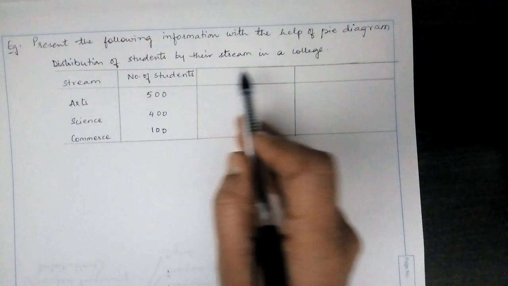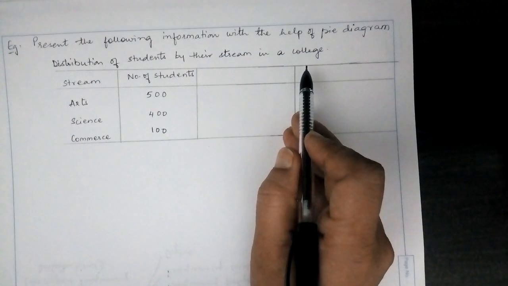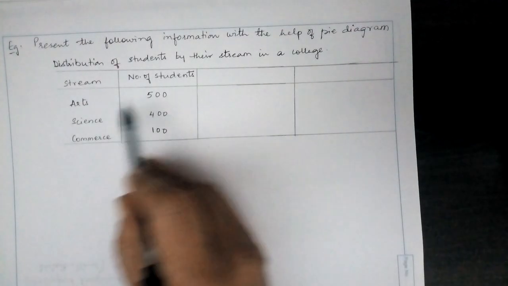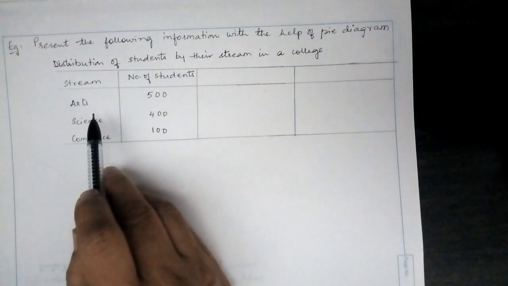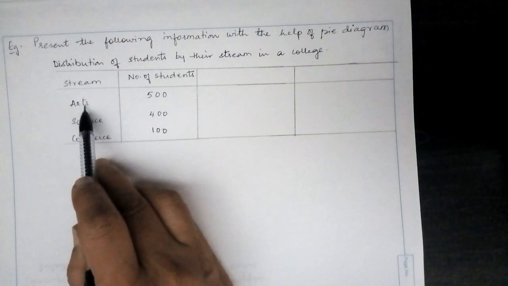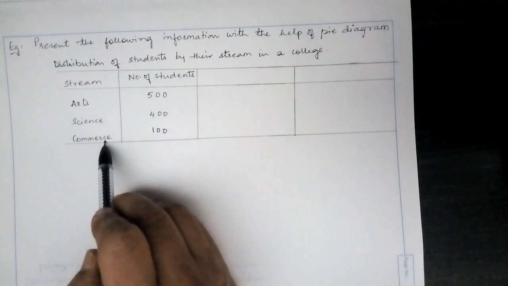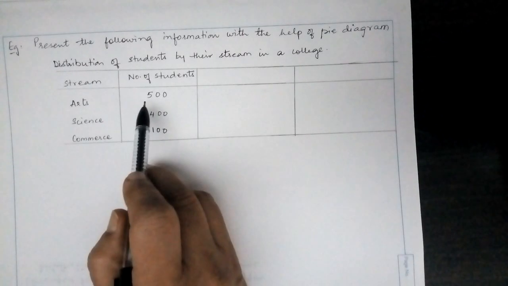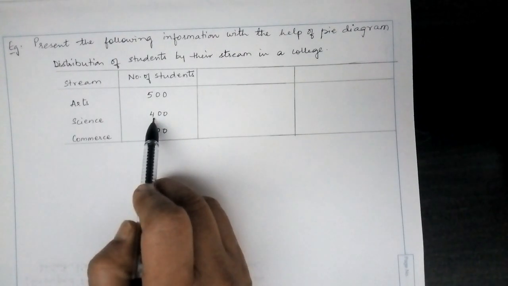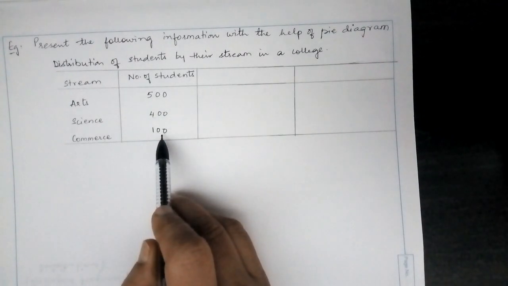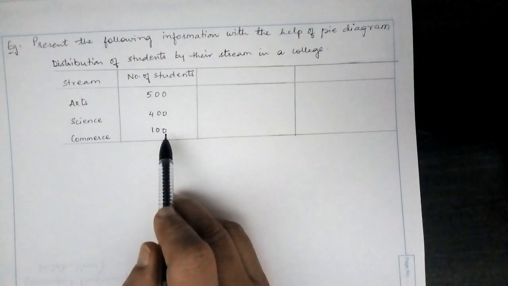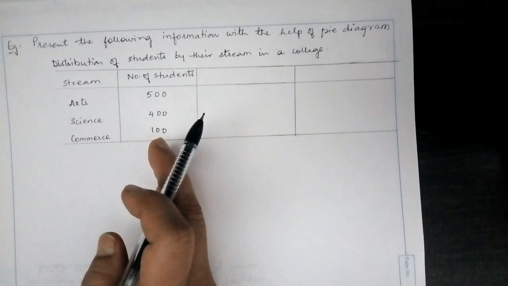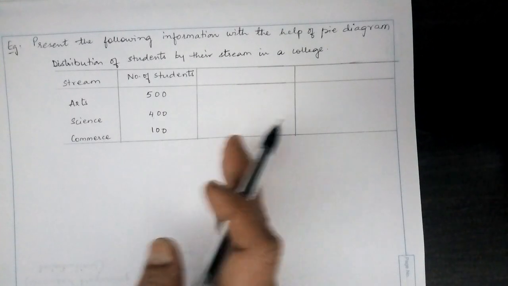The data is all about the distribution of students according to their stream. Now the streams are arts, science and commerce, and the students who have opted for these subjects respectively are 500, 400 and 100.